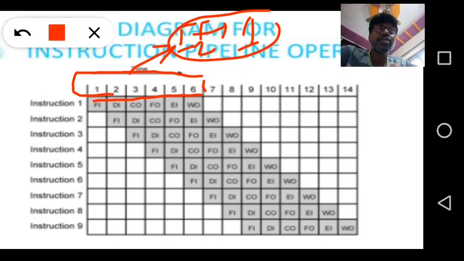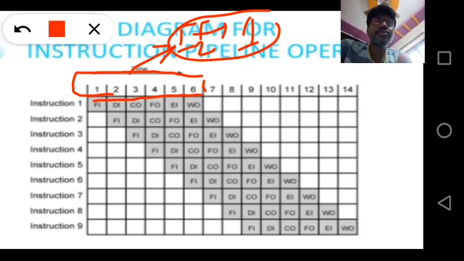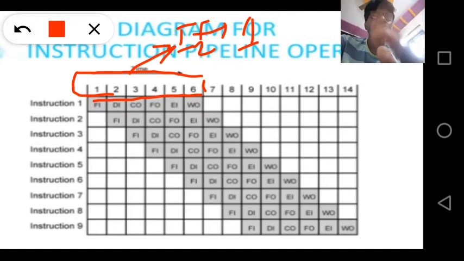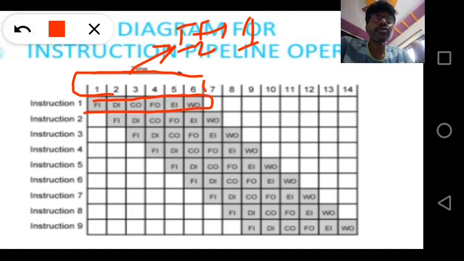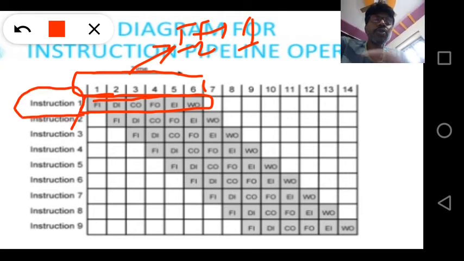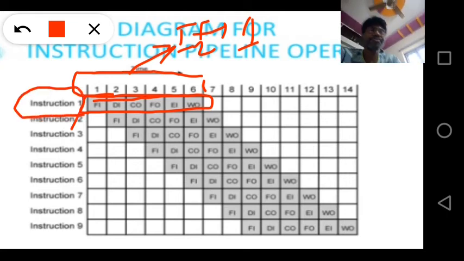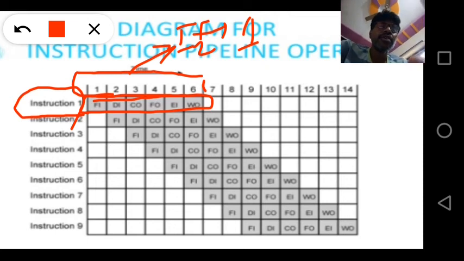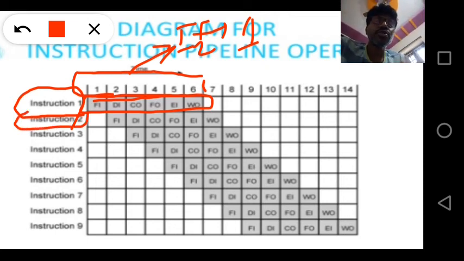So instruction 1 completes its execution, that is fetch, decode, calculate operand, fetch operand, execute instruction, and write results back. This is the amount of time required for executing one instruction. What happens is instruction 2 execution starts when the first instruction is getting decoded, because of this overlapping.